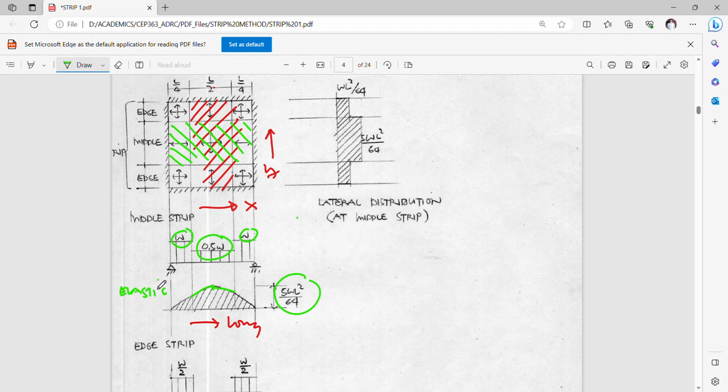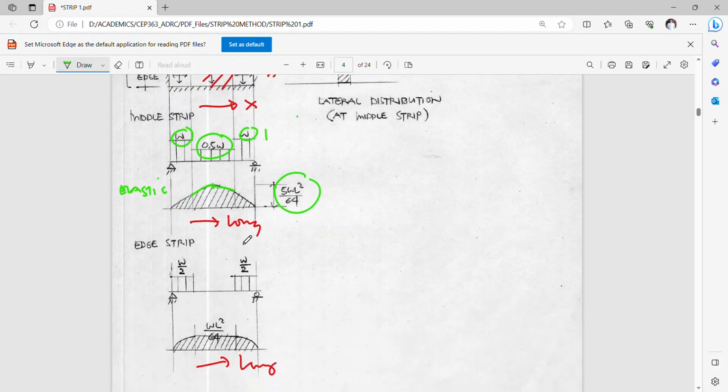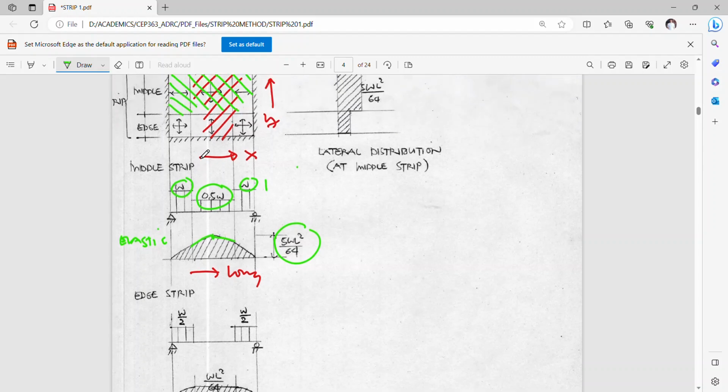Now the edge strip. Notice that at the edge strip there is no distribution along this direction, so this is 0 at the middle part, and this is W over 2 since this is distributed two-way. A 50-50 distribution is expected for a square slab, so this is W over 2 and W over 2.